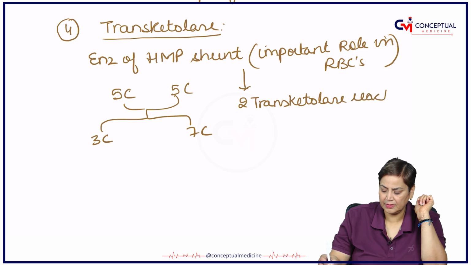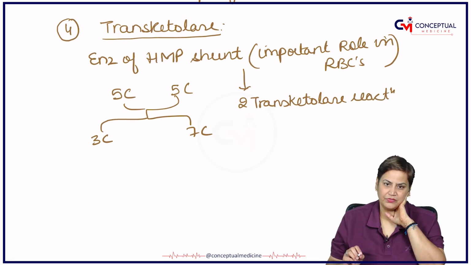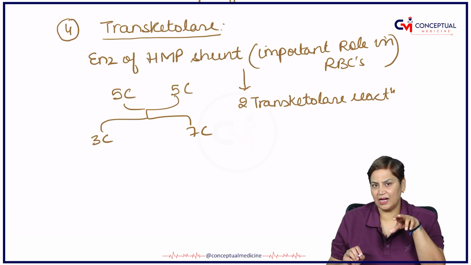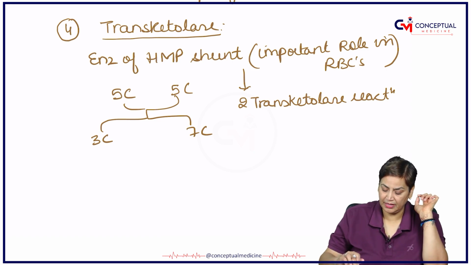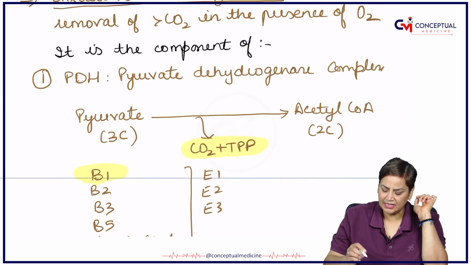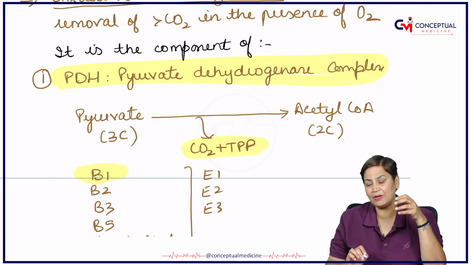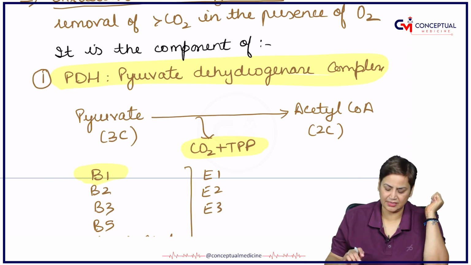Very important, right? So we can say that this thiamine pyrophosphate is a coenzyme for oxidative decarboxylation of 4 main reactions. And what are those 4 reactions? One is, it is a component of pyruvate dehydrogenase complex which converts pyruvic acid to acetyl coenzyme A, which is linking two very important processes.